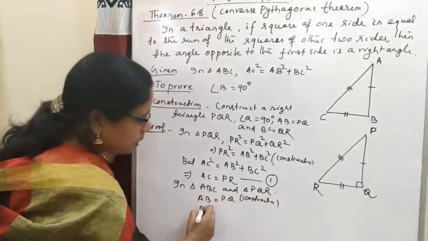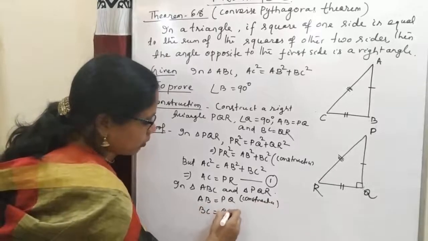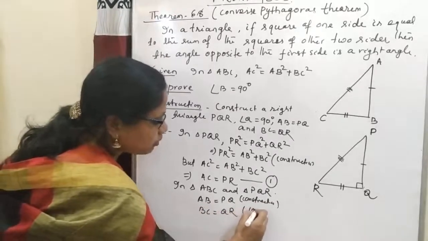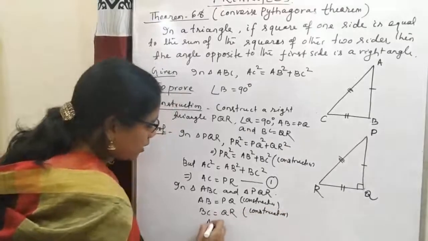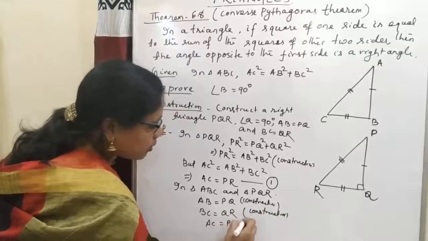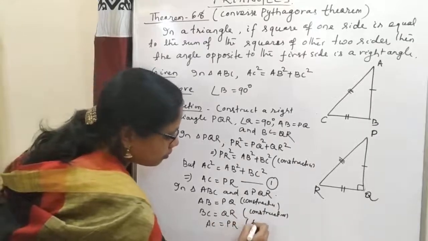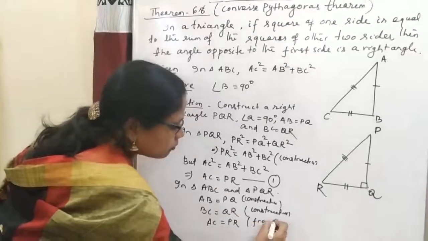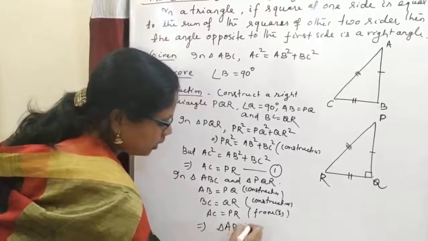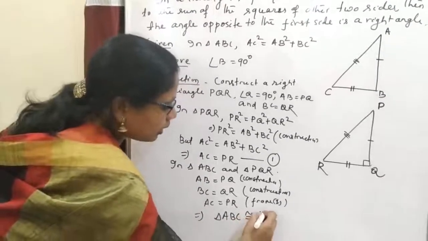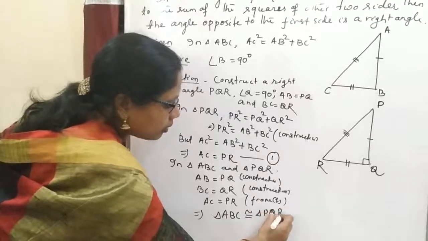Then BC is equal to QR. This is also due to construction. And AC is equal to PR. So this is from 1. We proved this. So this implies triangle ABC is congruent to triangle PQR.